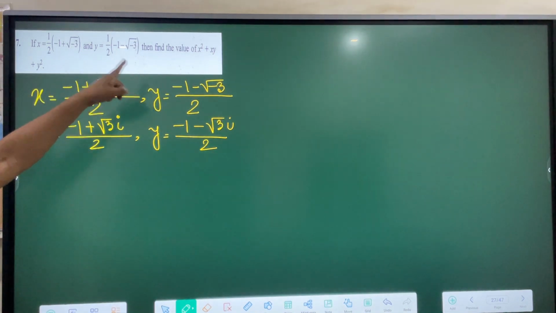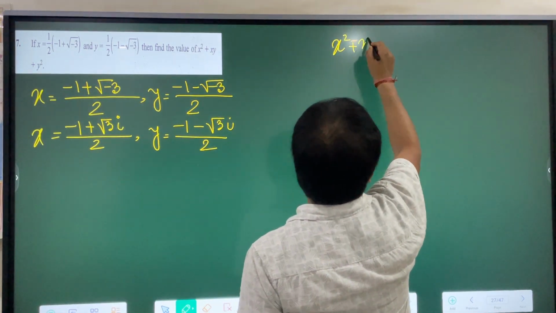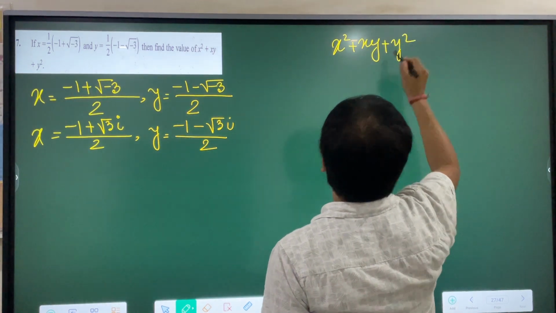We have to find out the value of x square plus xy plus y square.